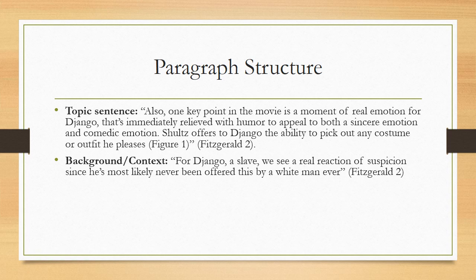Now, slavery is fairly common knowledge, so we could assess this on our own, but this is a good example of a student doing what I mentioned earlier about being very, very clear, right? It's fairly obvious after we read this sentence that Django's never had this opportunity before to pick out his own clothing. But if the student, say hypothetically, didn't have this second sentence, would we think of that on our own?